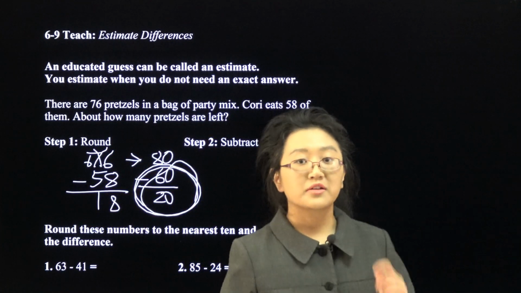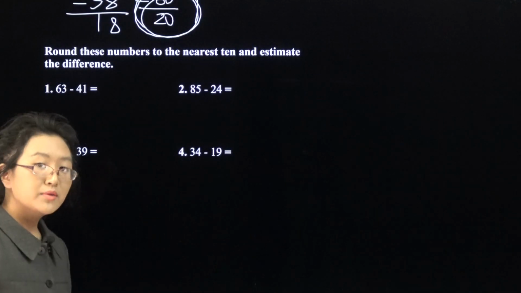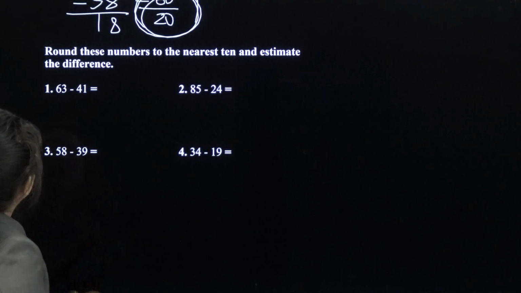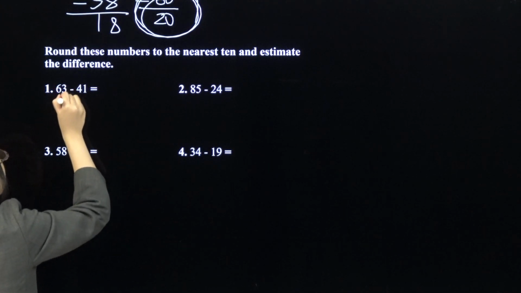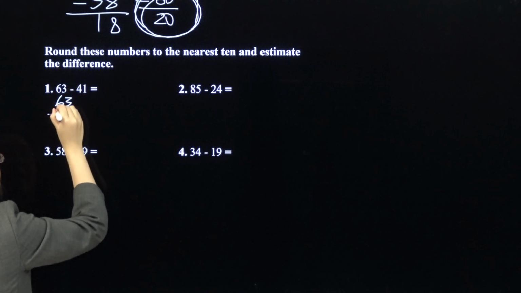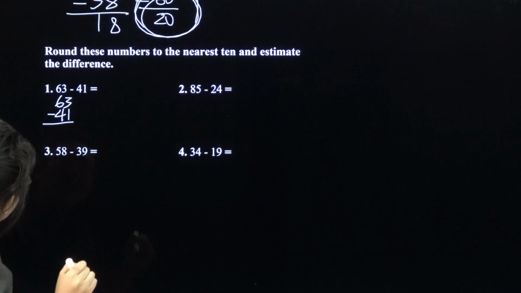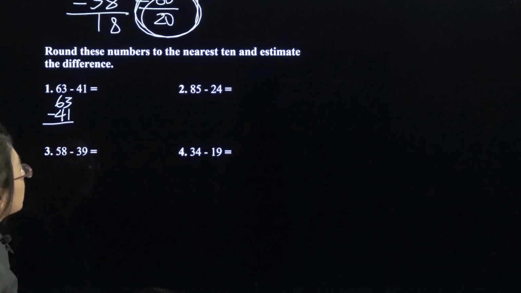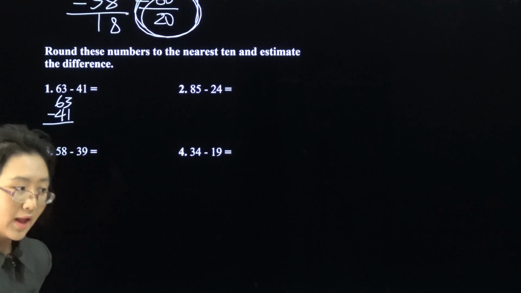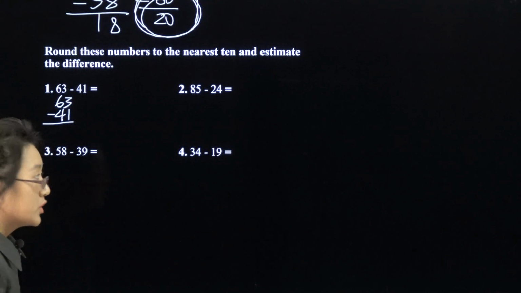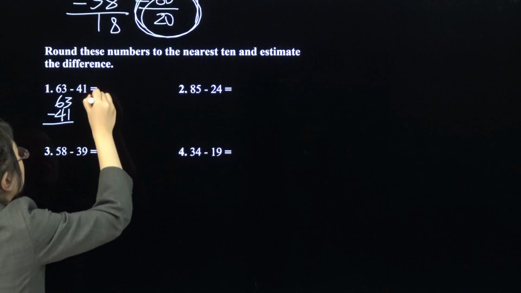Now, let's do some practice problems. Round these numbers to the nearest 10 and estimate the difference. Okay, 63 minus 41. Because it's nearest 10, we look at the ones, and both of their ones places are smaller than 5, which means we round both of them down.